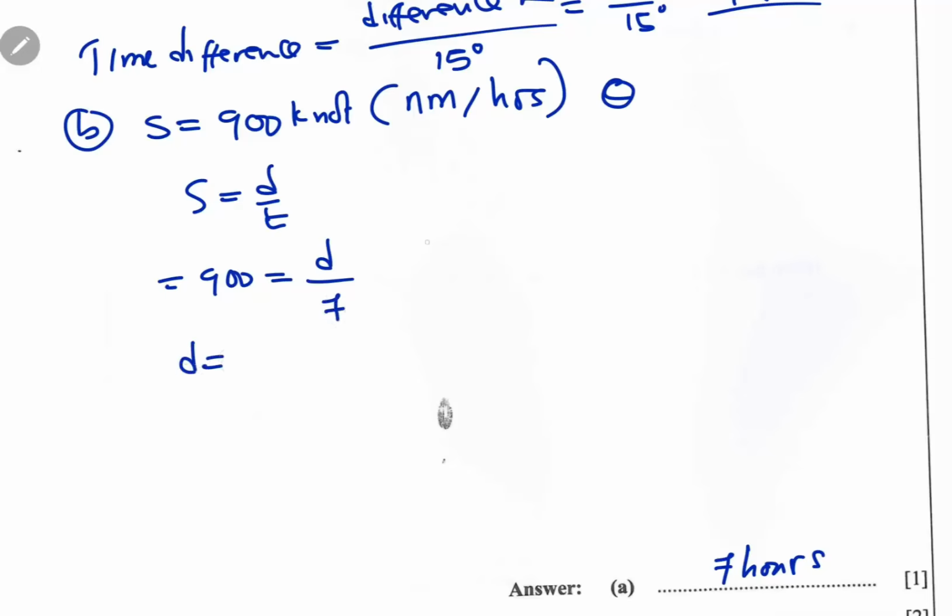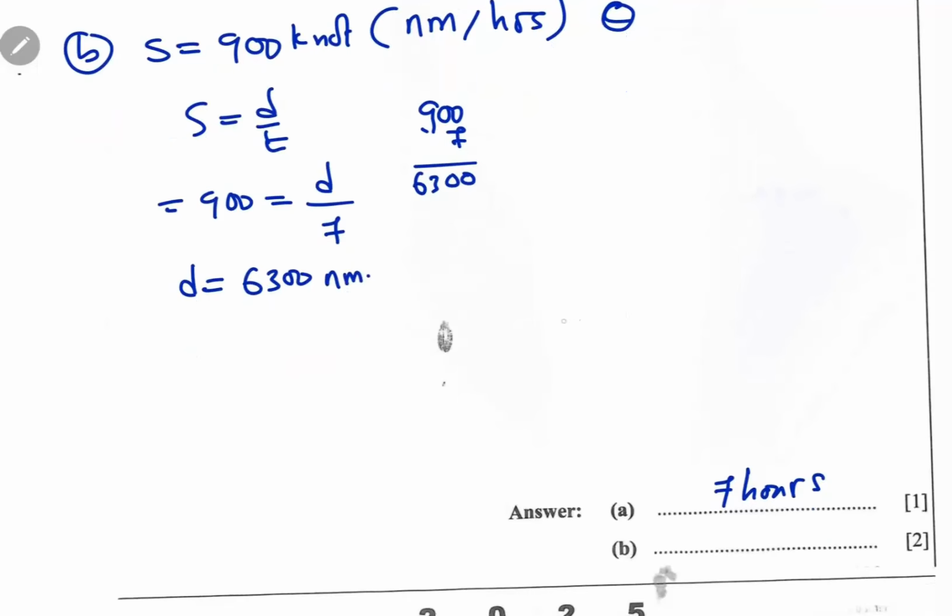So distance is 900 multiplied by 7, which gives us 6,300 nautical miles.